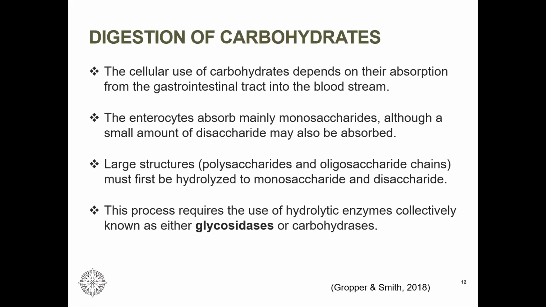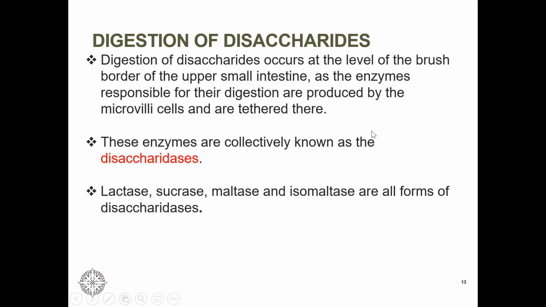So there are some linkages between two monosaccharides, and these enzymes break that bond. Now, digestion of disaccharides occurs at the level of the brush border. And these enzymes are known as disaccharidases.